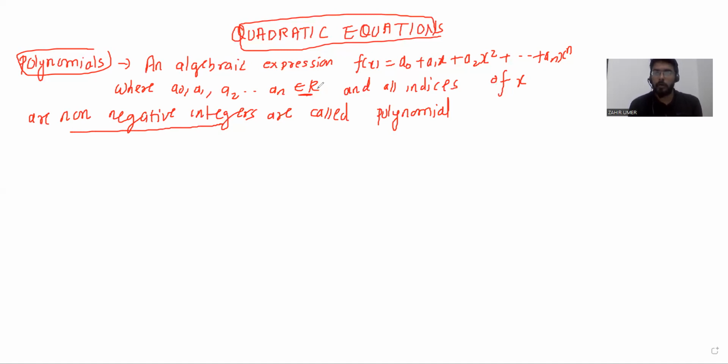So what is a polynomial? Clearly written on the whiteboard. Belongs to R means real numbers, and non-negative integers are 0, 1, 2, up to infinity.